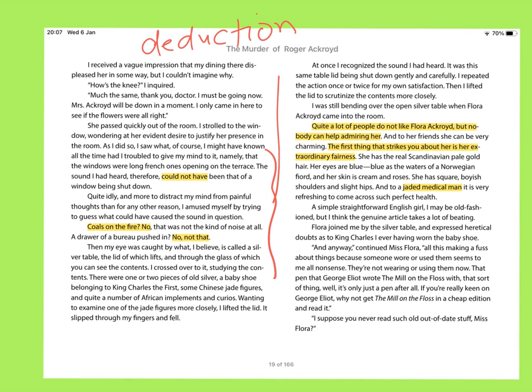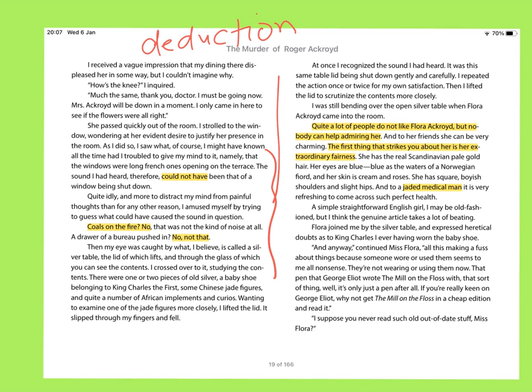So if you look around here, they're trying to deduce and work something out. "The windows were long French ones on the opening terrace. The sound I heard, therefore, could not have been that of a window being shut. Coals on the fire? No, that was not the noise at all. A drawer of a bureau pushed in? No, not that." So a little early indication of the deduction skills, which we'll see more of later.